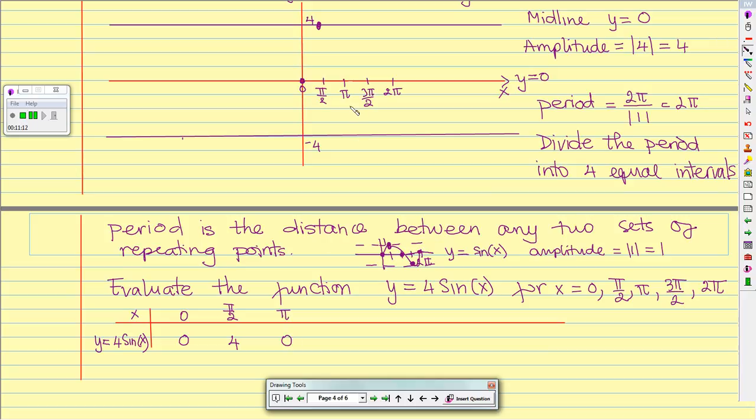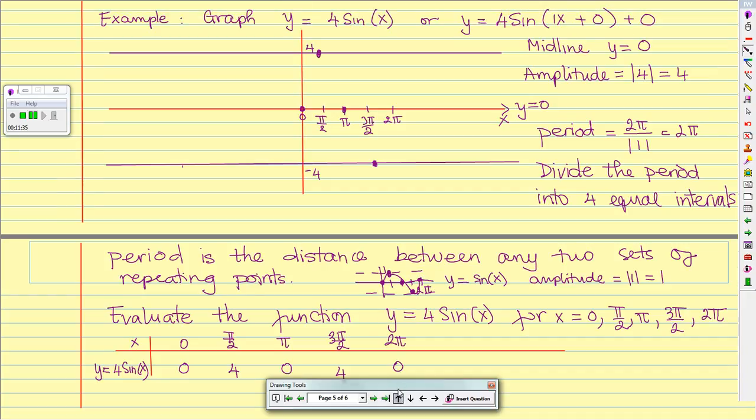So let's move on to pi. Sine of pi is 0, so 4 times 0 is 0. And then 3 pi over 2. Sine of 3 pi over 2 is negative 1, so now 4 times negative 1 will be negative 4. And then 2 pi.